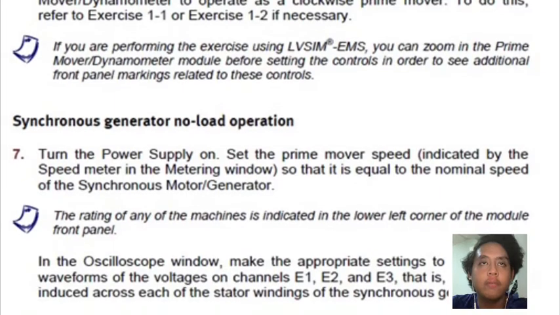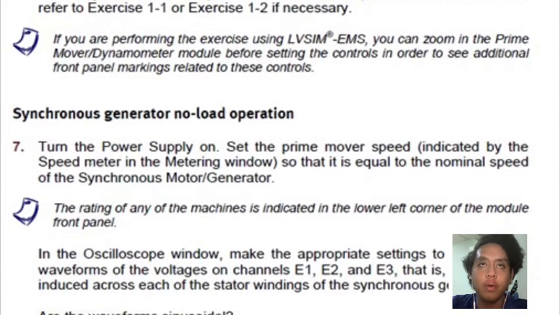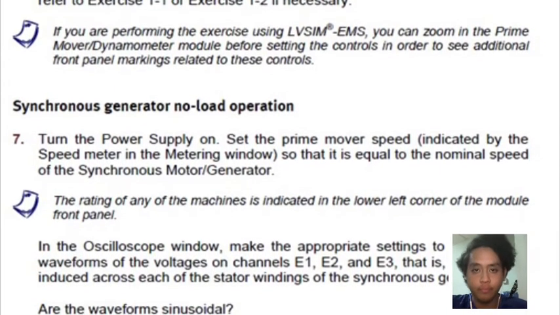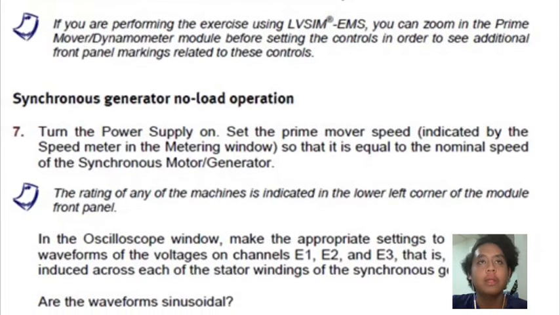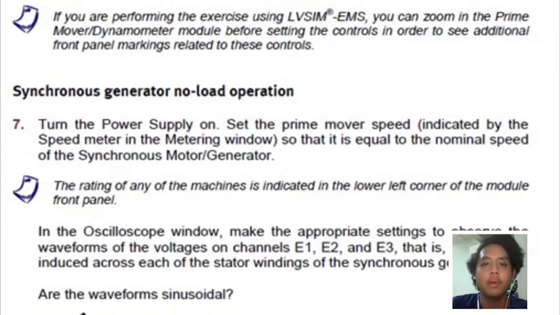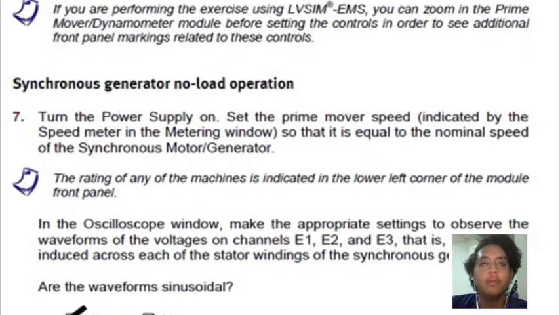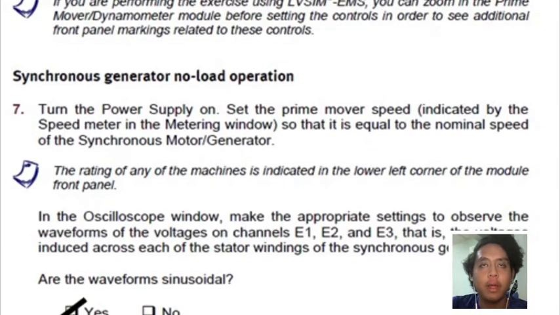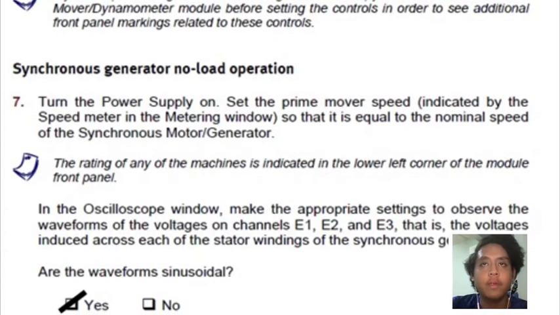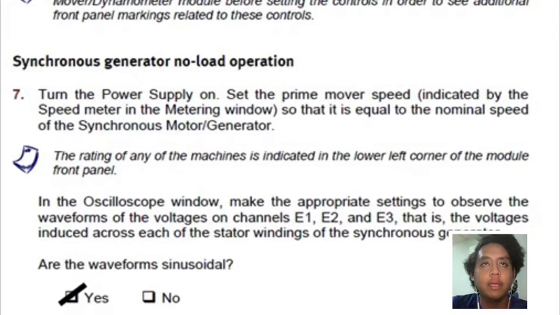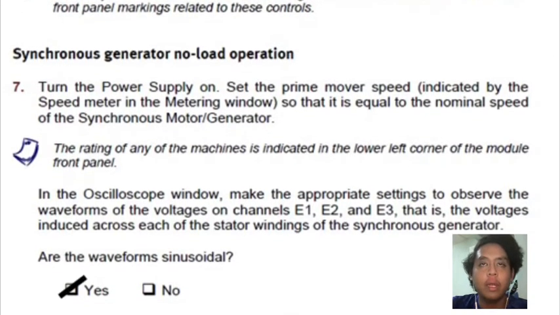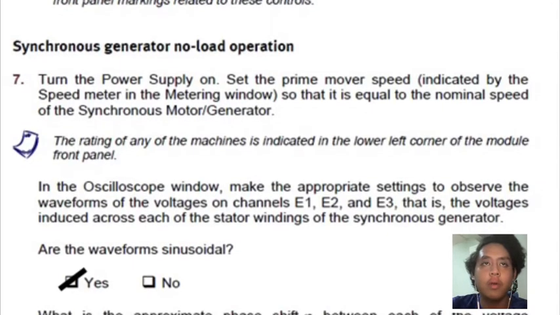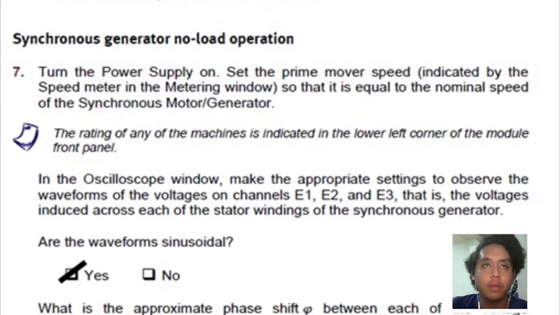To do this, refer to exercise 1 or exercise 1.2. Okay, this is for synchronous generator no-load operation. After that, turn the power supply on. Set the prime mover speed indicated by the speed meter in the metering window so that it is equal to the nominal speed of the synchronous motor generator.